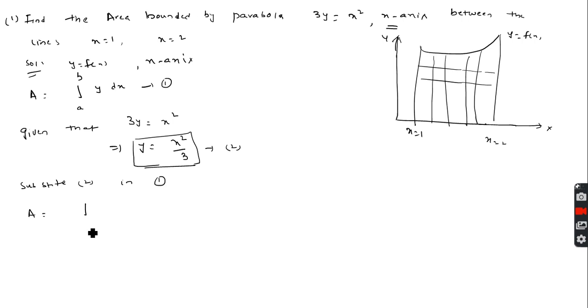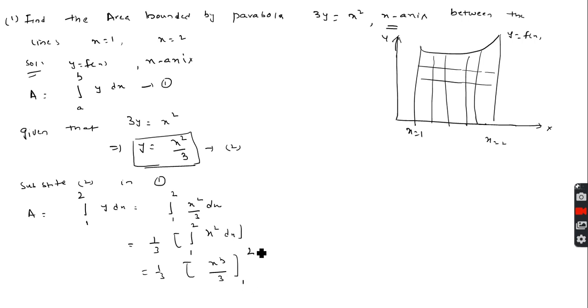The limits are from 1 to 2, of y dx, that is nothing but the integral from 1 to 2 of x square by 3. That is equal to 1 by 3 taken outside. We get the integral from 1 to 2 of x square into dx.